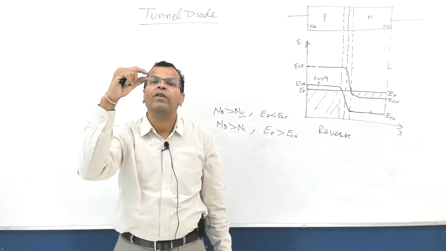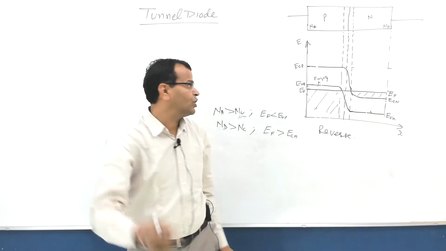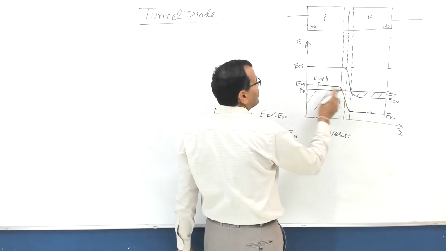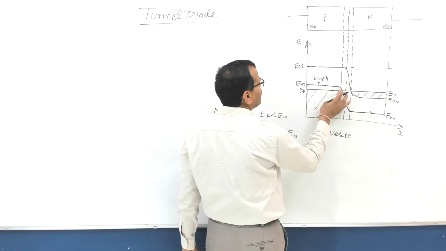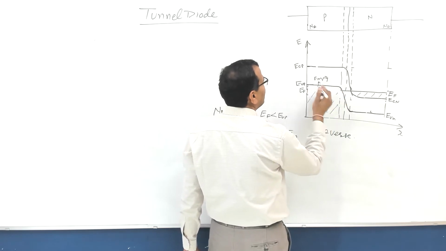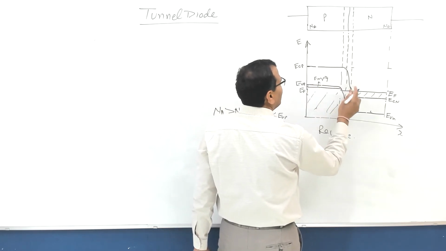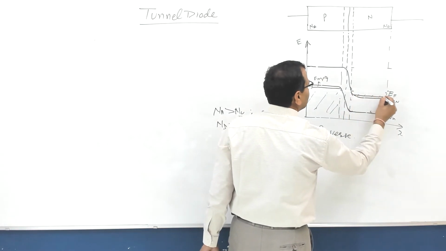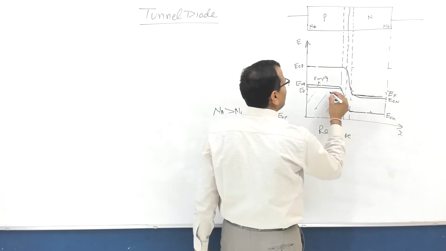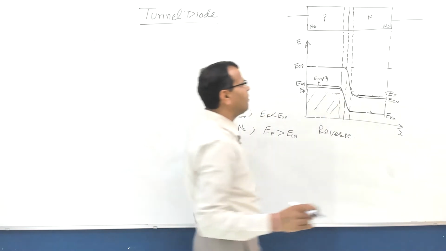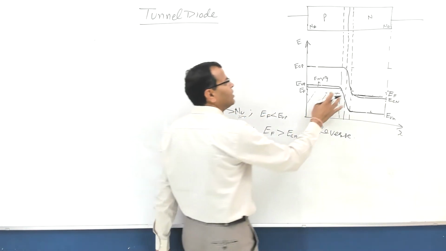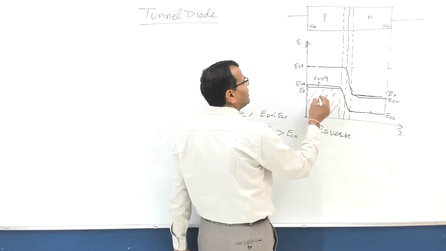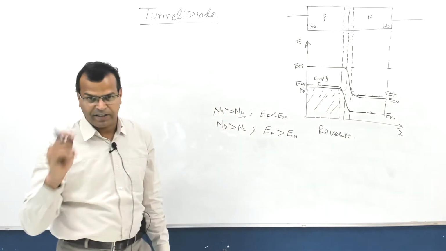By the level of the reverse biasing voltage. So the Fermi level on this side will shift upward like this, and the Fermi level on this side will shift downward like this.